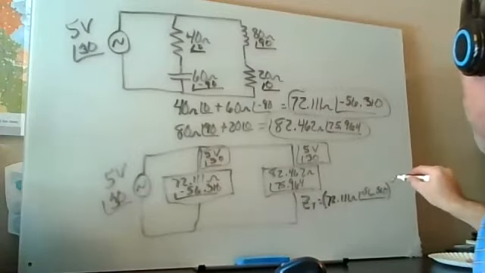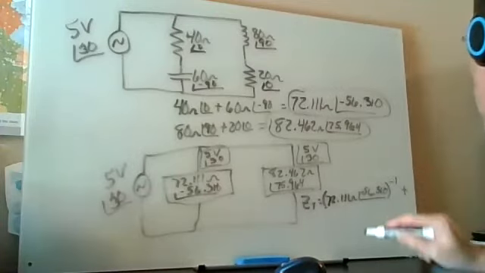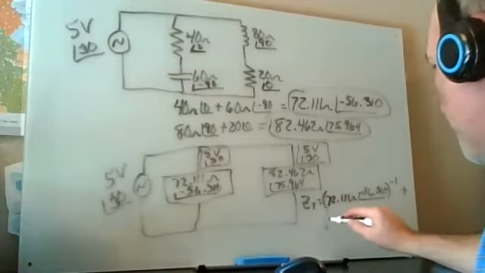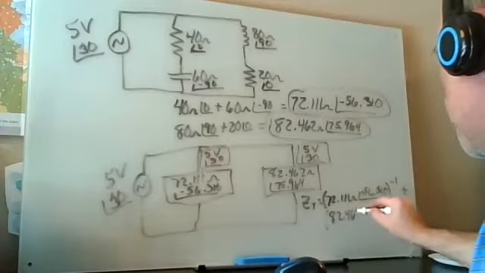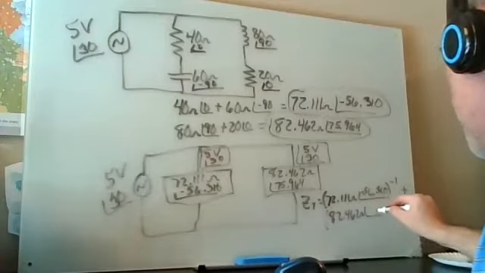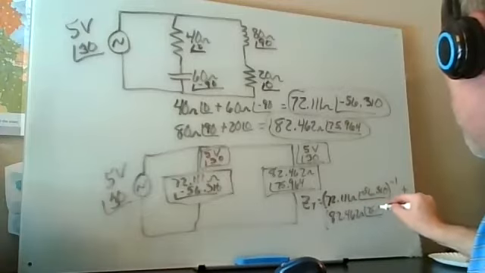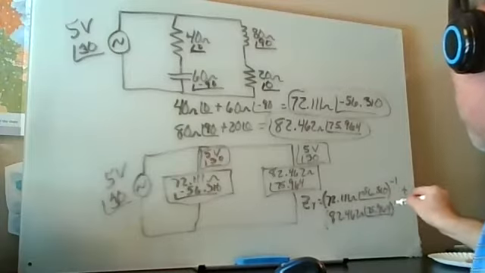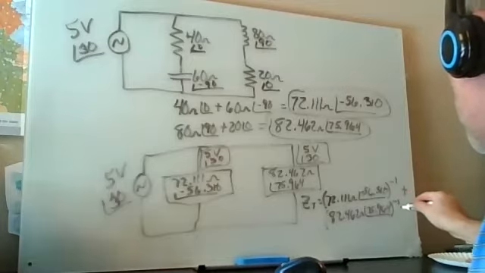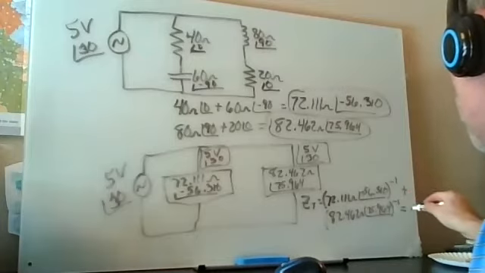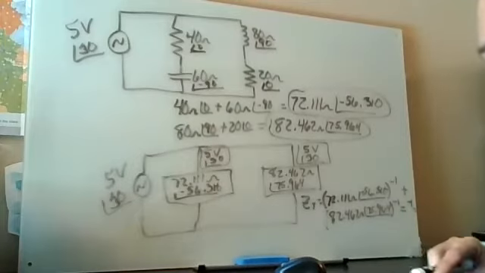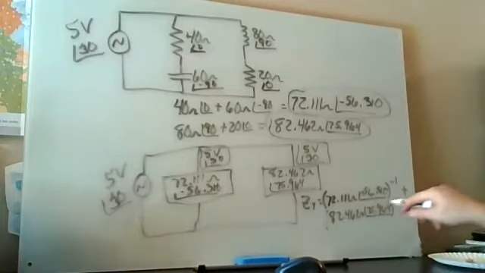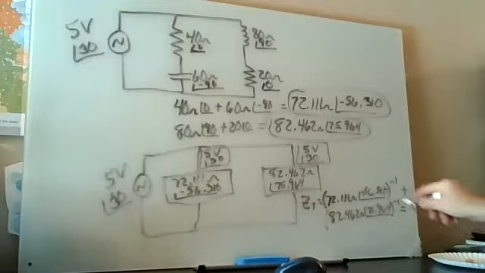Close my parentheses, shift reciprocal, plus, open my parentheses, 82.462 ohms at an angle of 75.964, close parentheses, shift reciprocal, equals, shift reciprocal equals. Okay, everybody see that? I'm going to hit equals, shift reciprocal equals.